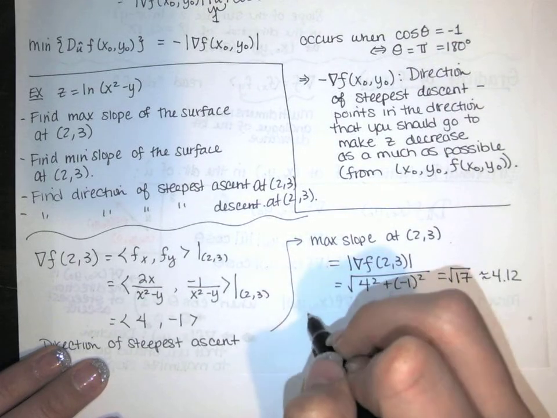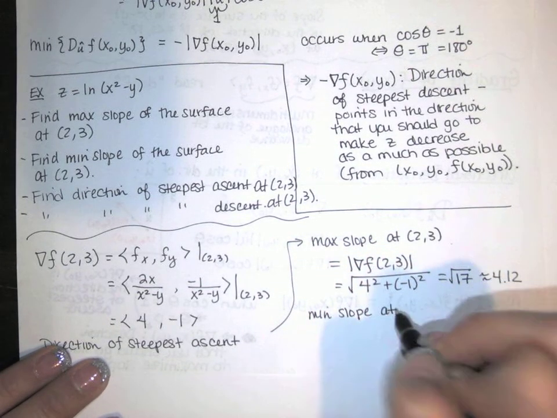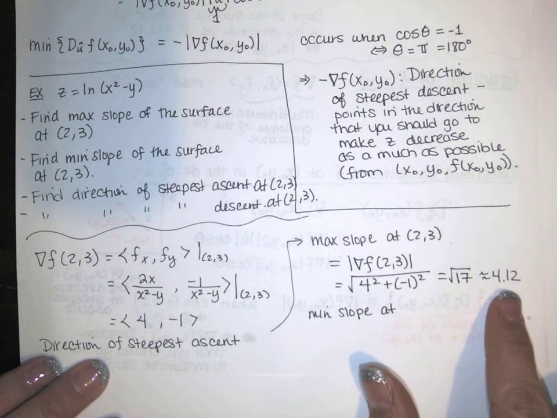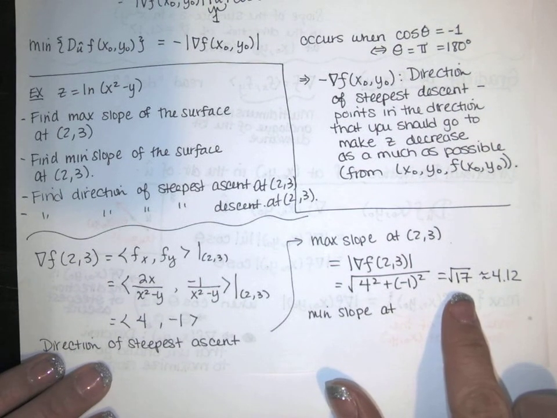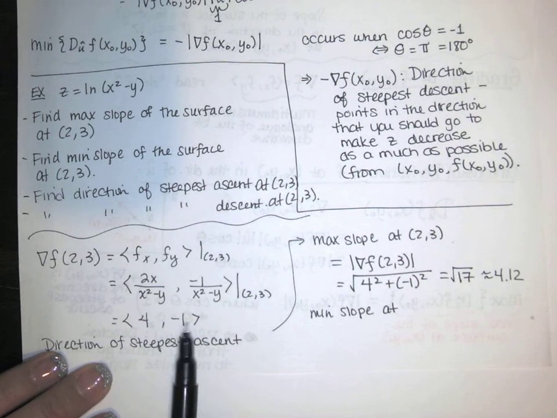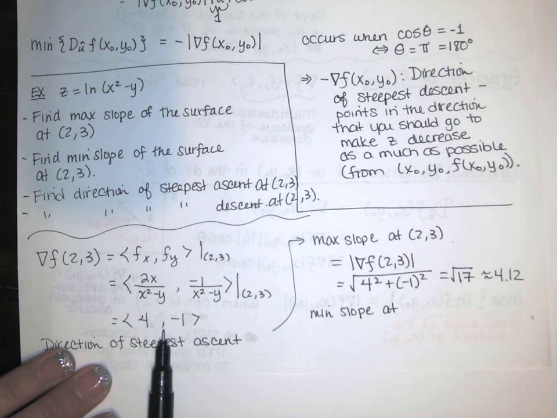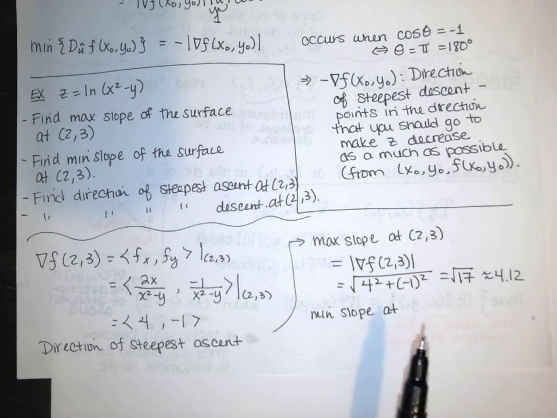Well, what's the minimum slope? If the maximum slope is approximately 4.12, square root of 17 units per unit, the minimum slope comes from heading in the opposite direction. So take this and multiply by -1.